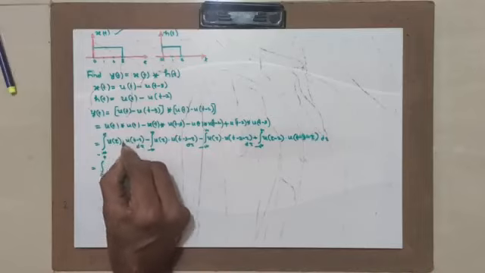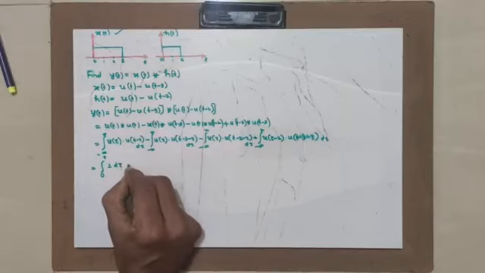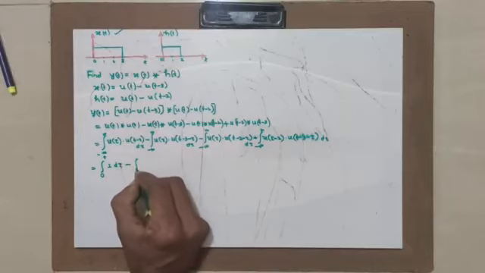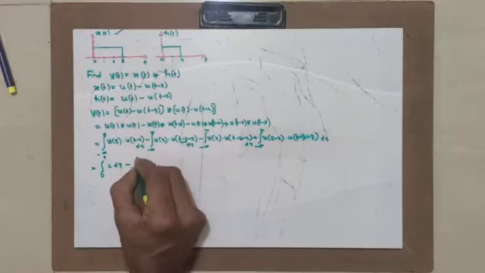and this is all unit steps, hence 1 into d tau, minus, see next, this starts from 0 and ends at t minus 3. See here, it ends at t minus 3.